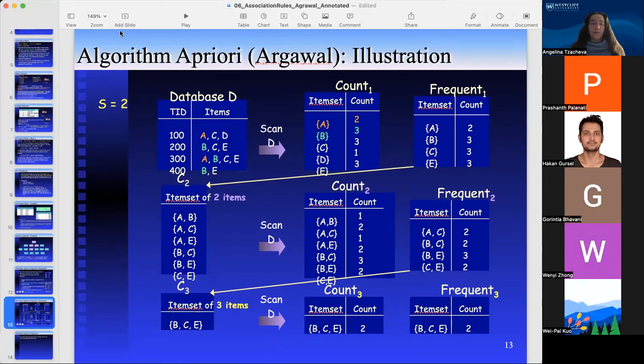Okay, so once we have found those frequent item sets, we can build rules from them.